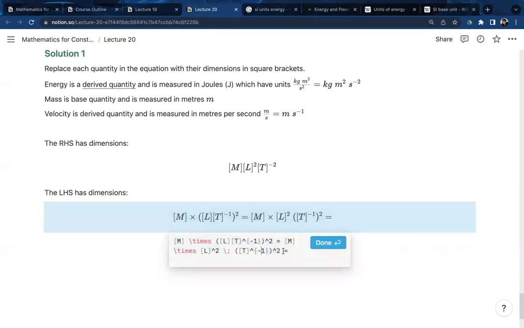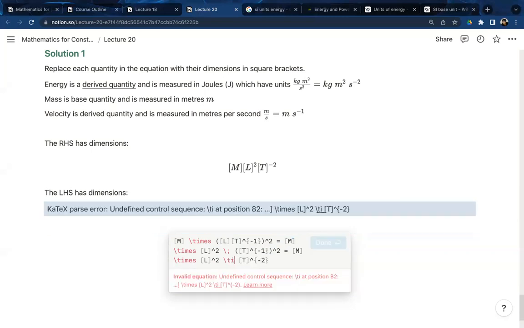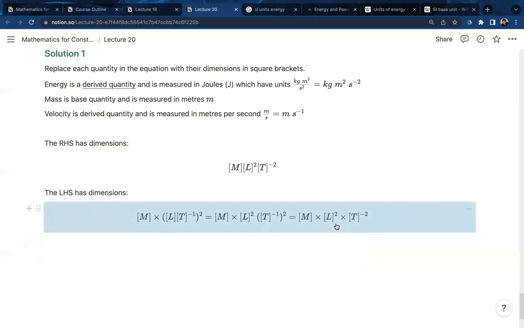Now, based on our laws of indices, T to the -1, all raised to the power 2, you're going to get T to the power -2. So you're going to get this thing here.